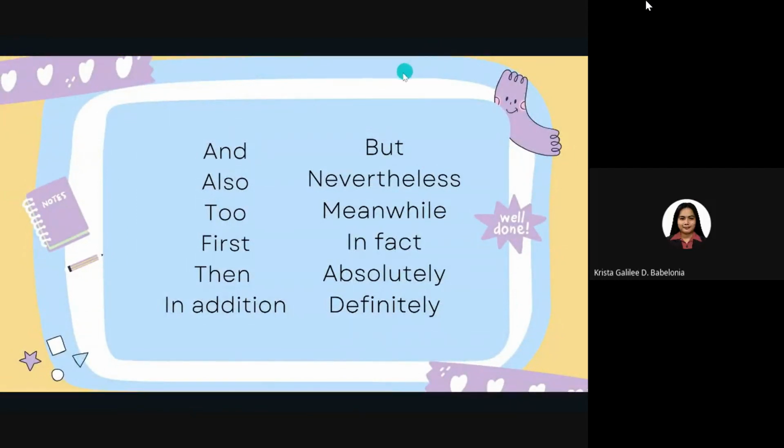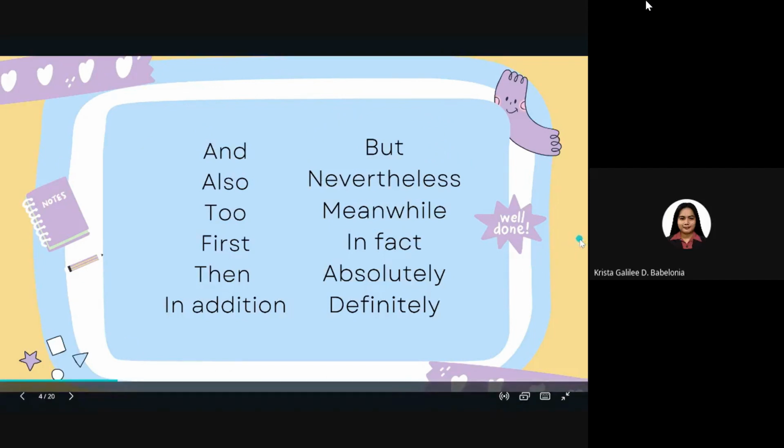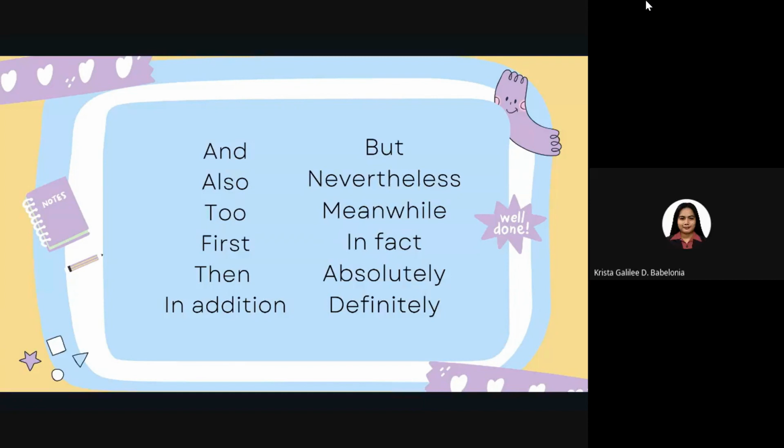These words that you can see on the screen: also, to, first, then, in addition, but, nevertheless, meanwhile, in fact, absolutely, definitely. Where do you often see these words? You may put your answer on the chat box.